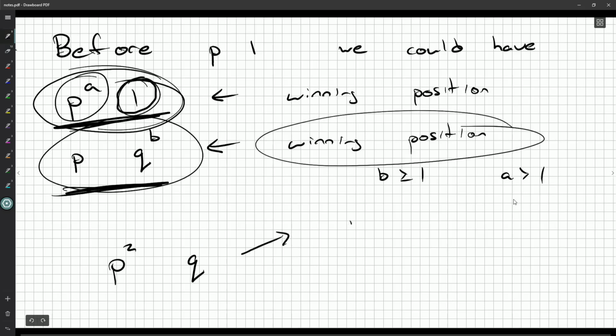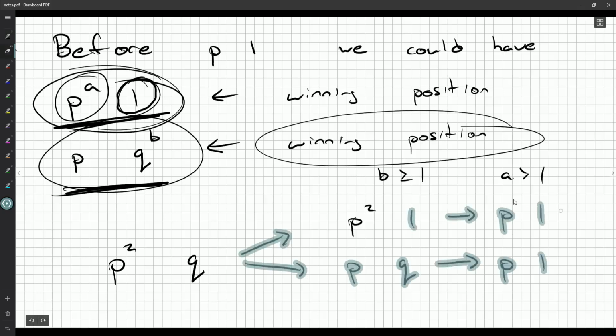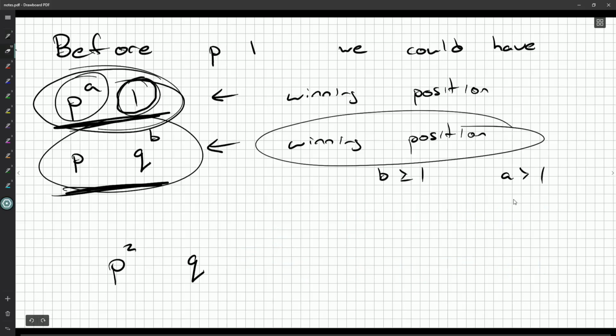You could either go to P squared 1, but then they'll give you P1. Or you could go to PQ, and they'll again give you P1. So P squared Q is a losing position. Except, couldn't you just go to 1Q? And then they would lose. So P squared Q is a winning position as well.